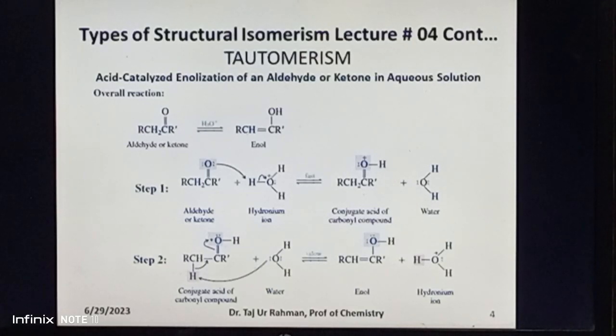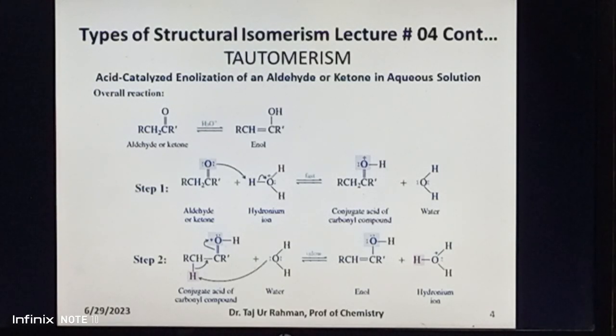If we look at these two mechanisms, that is base-catalyzed and acid-catalyzed enolization of an aldehyde or ketone in aqueous solution, we can easily observe that both these mechanisms consist of two proton transfer steps, that is abstraction of a proton from carbon and a transfer of a proton to oxygen.